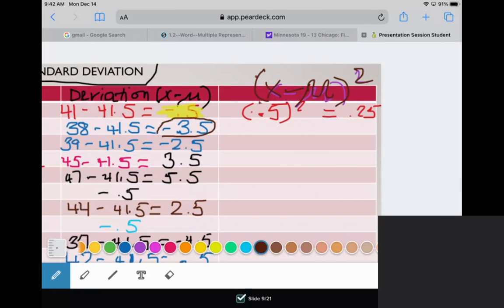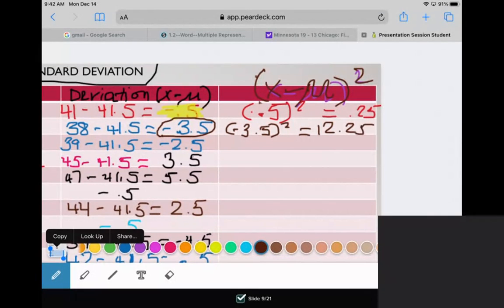The next deviation, which is negative 3.5, square it. The next one, if we square it, gives you these values.